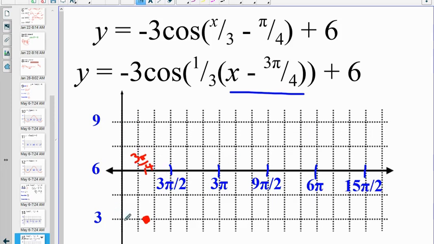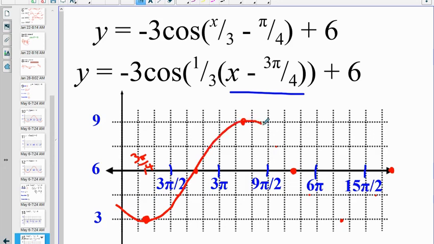Let's see, the negative cosine curve would then go through 0, but that point has also been moved over by 3 pi over 4. Then it would be up at the top, but that point has been moved over by 3 pi over 4, and then down in the middle, then down at the bottom, and then back up to the middle. I, as always, am going to put those points that are closer to where it crosses the midline as a guide for me to draw a fairly smooth curve.